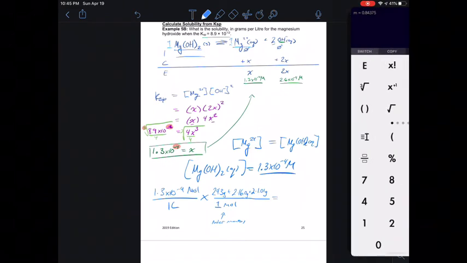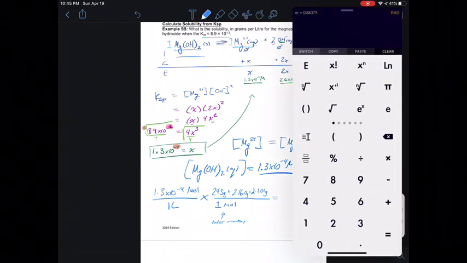And the result here is 1.3 E negative 4 times, and please do put a bracket around this because otherwise you will only be multiplying by the first number. 24.3 plus 2 times 16 plus 2 times 1.01.